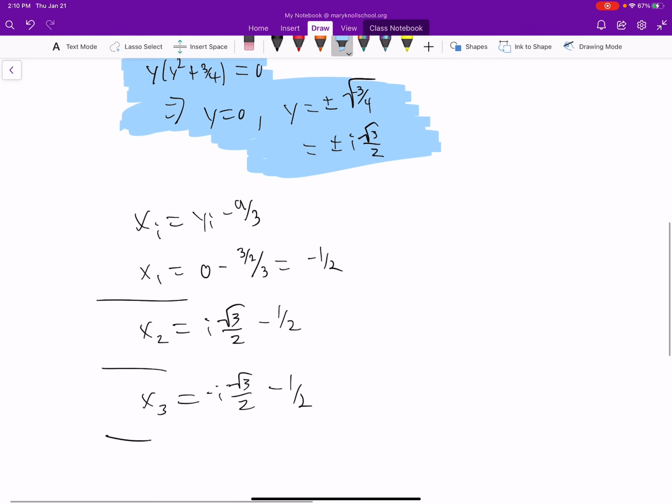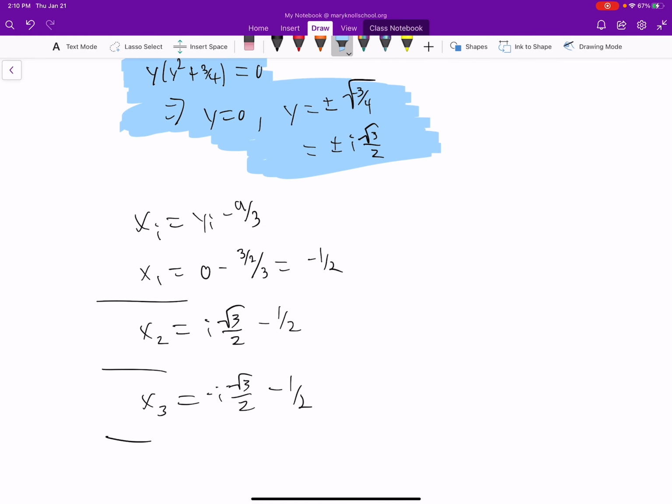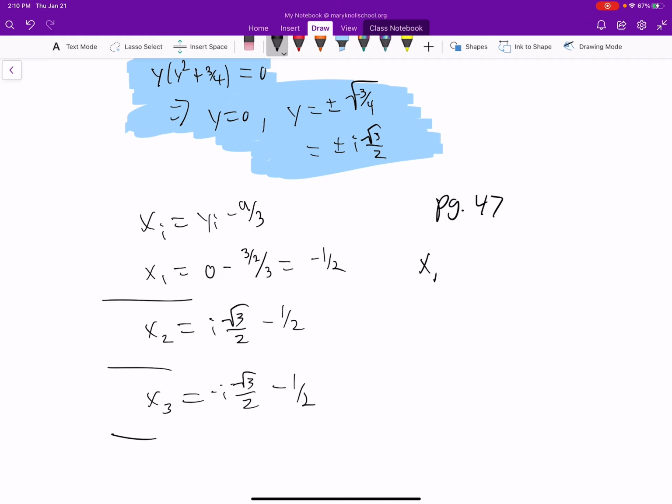So from there, we can use the equation on page 47. And we can either use the standard equation, what we normally use, xi equals zi minus p over 3zi minus a over 3.